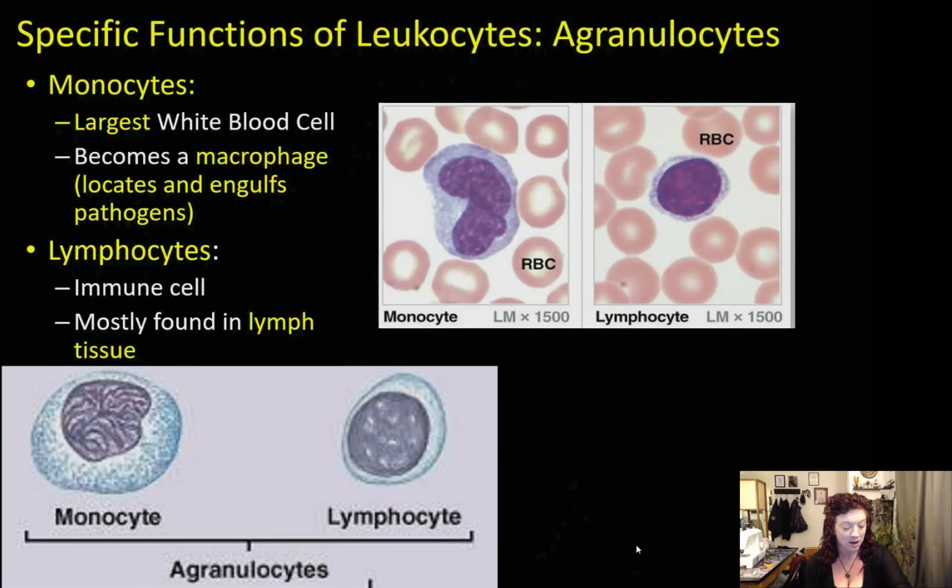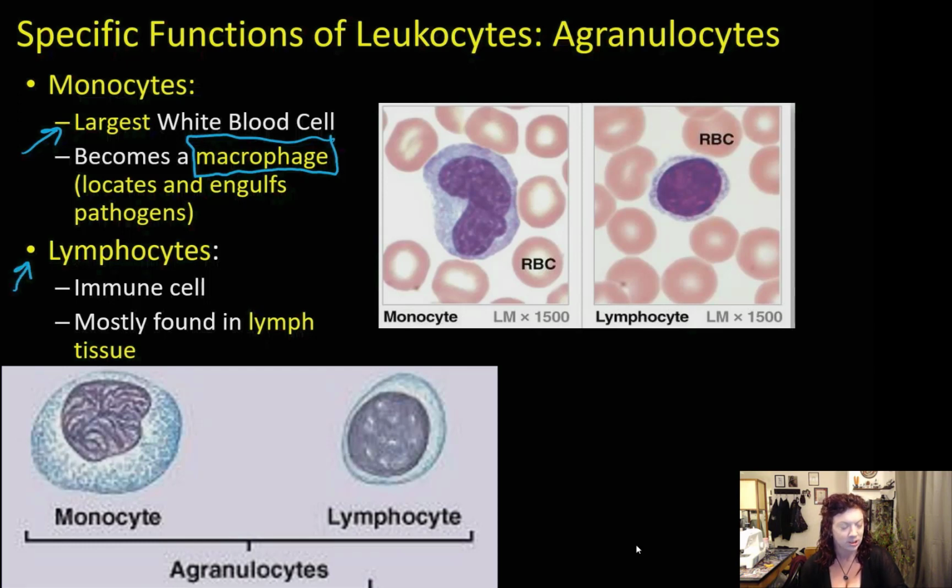Monocytes are our largest white blood cell, and most importantly for this lecture, monocytes are what mature into a cell we call a macrophage. Macrophages are a general hunter-killer cell. They don't hunt specific bacteria or specific viruses, but anything they encounter that they recognize as not being a part of the body, non-self, they'll engulf and destroy.